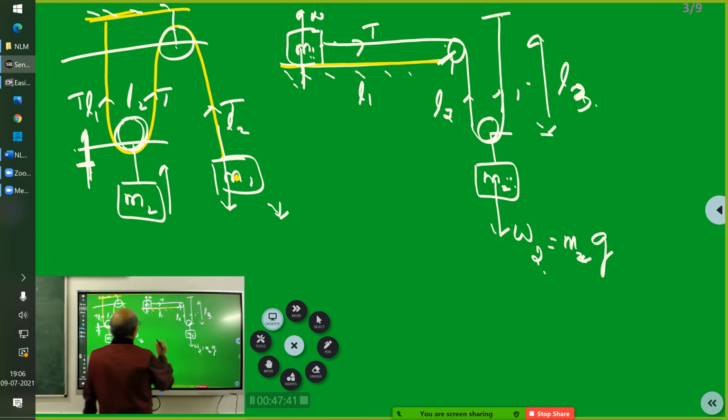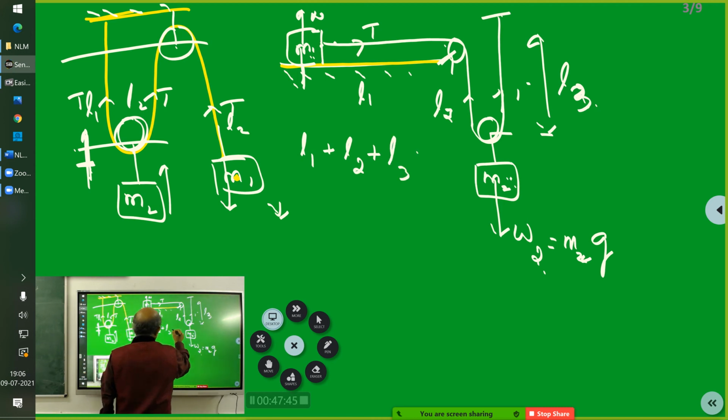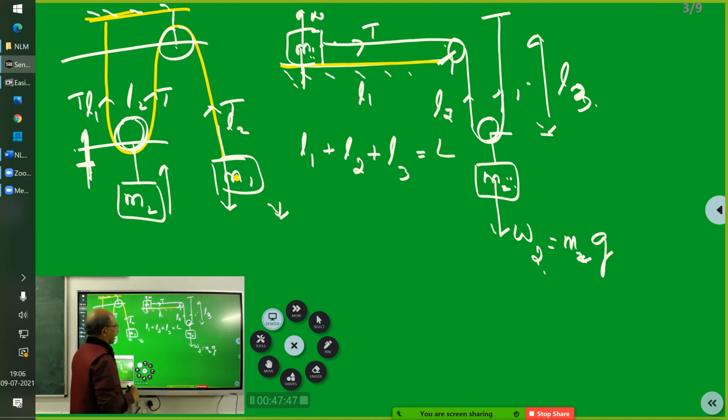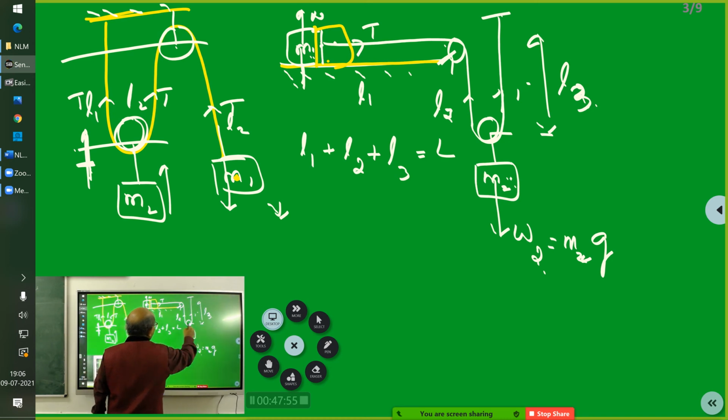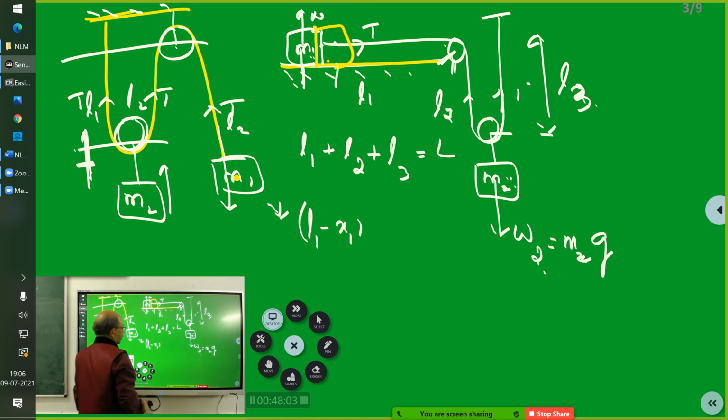Well done. So here I will write L1 plus L2 plus L3 is equal to L2. So now this will move in the front. This L1 will now become L1 minus x1 because this length will decrease.